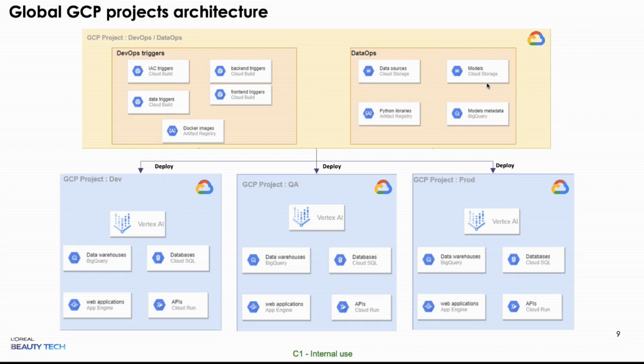So Cloud Build, as I said, GCS for storing data files, the Artifact Registry also for the Docker images and Python libraries, for example. And for the environments, we have Vertex AI for the pipelines, BigQuery, web applications, because all of our products are based on a web application that is consuming the models behind.